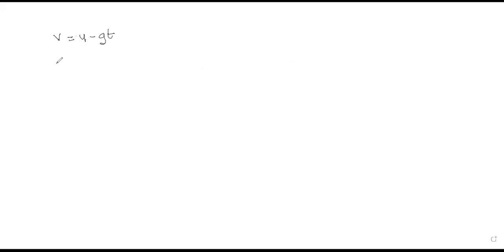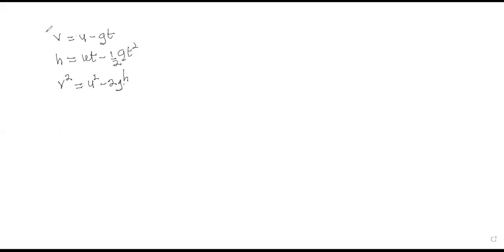Then the second one, H equals UT minus half gT squared. And then the last one will be V squared equals U squared minus 2gH.